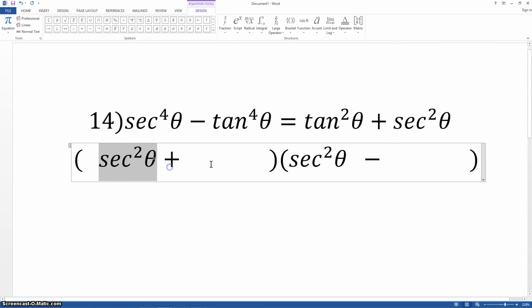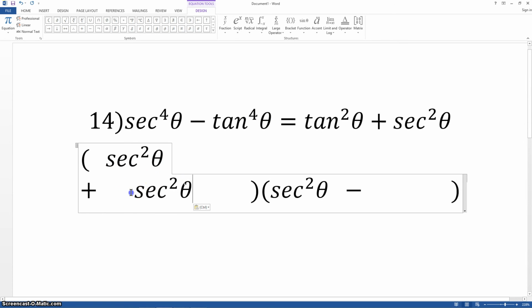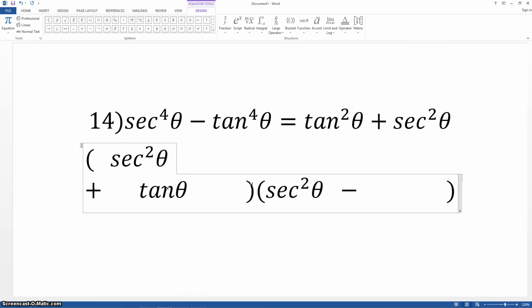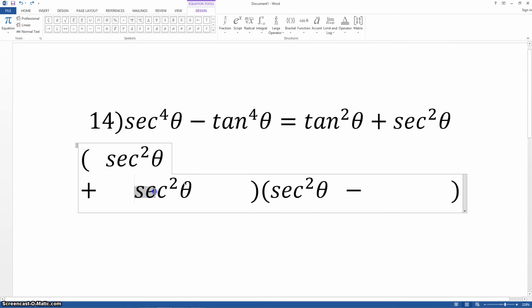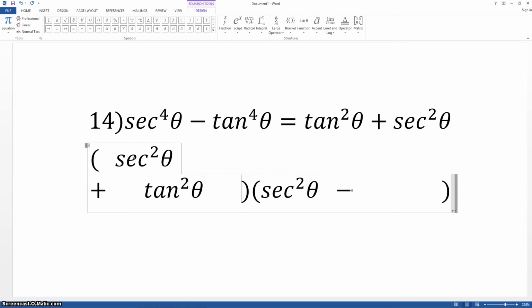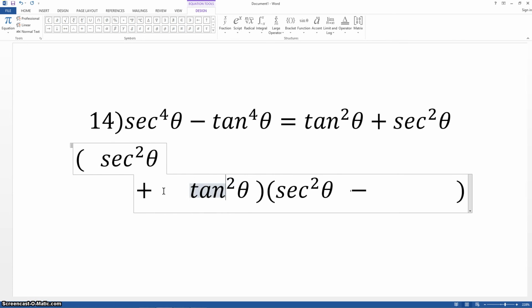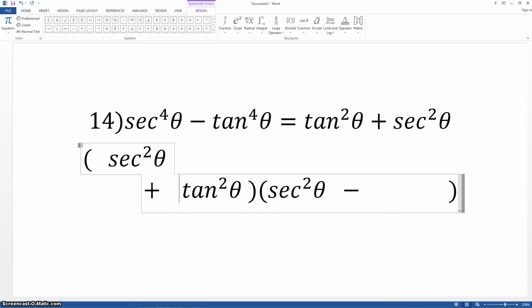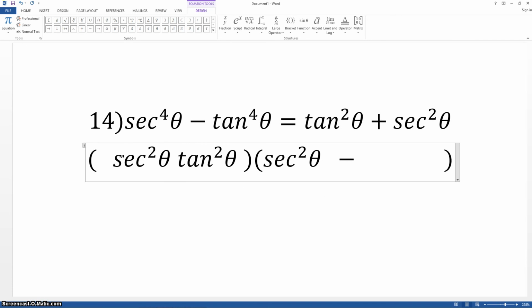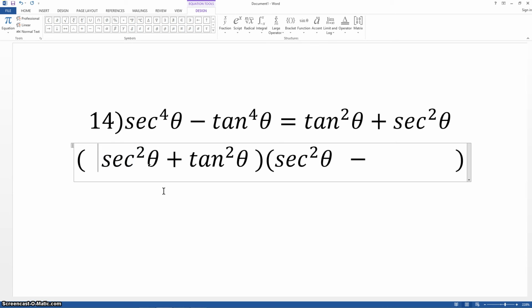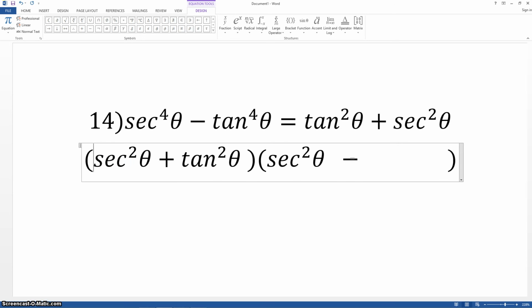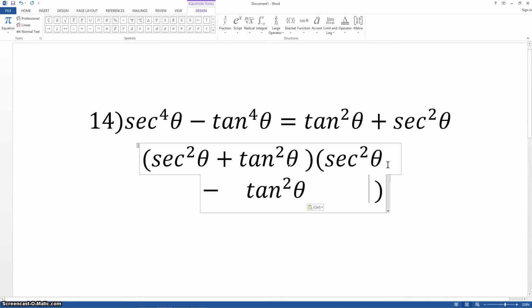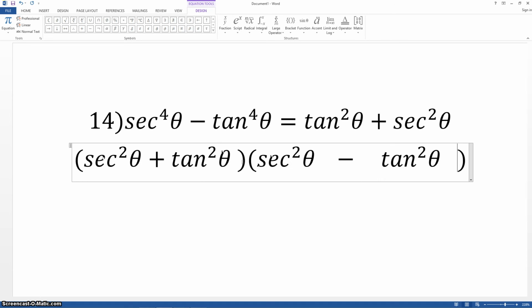Similar thing. Tangent squared of theta and tangent squared of theta. Okay, so we have factored it out.